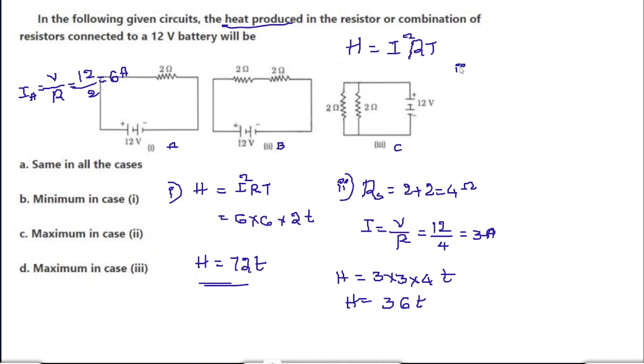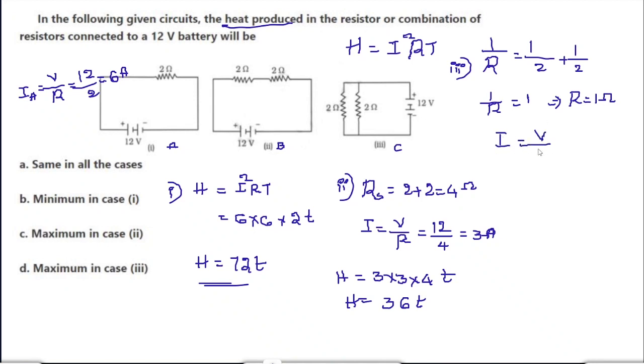And what about the third case? Here these two resistors are in parallel combination, right? So 1 by R is equal to 1 by 2 plus 1 by 2, which is nothing but 1, so R is equal to 1 ohm. Then we need to find the current. Current I is equal to V by R, right?